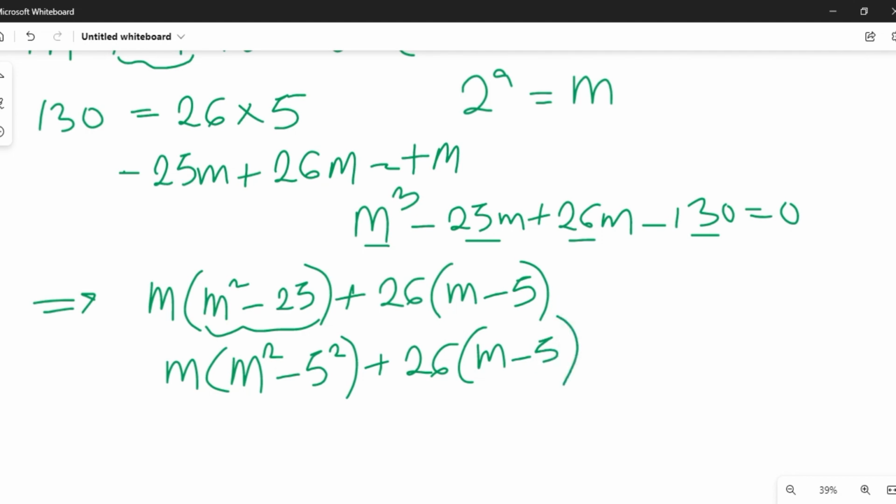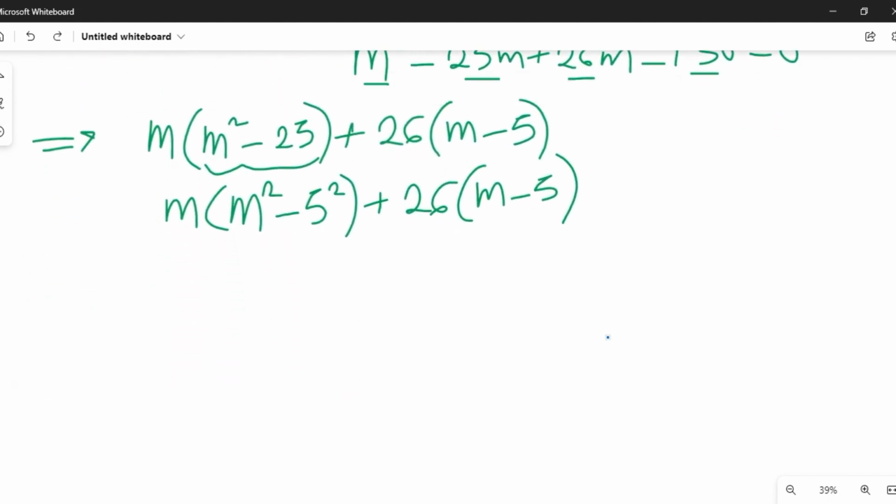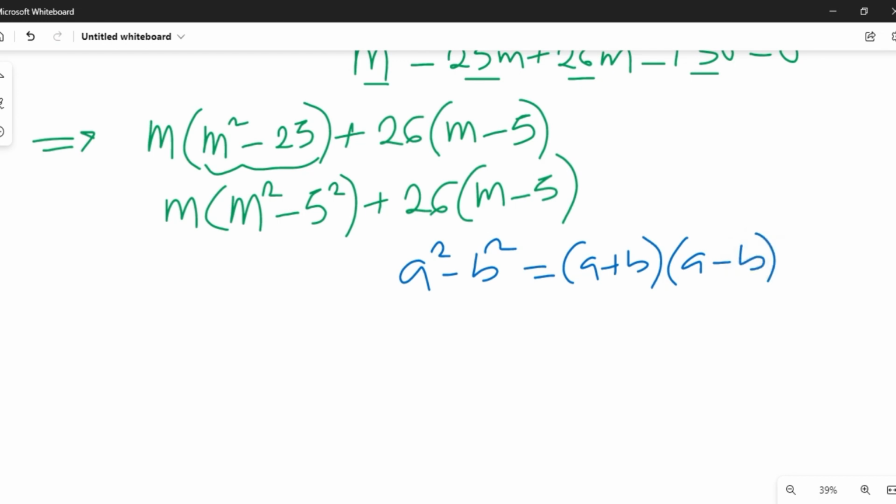So to simplify this further, we should remember one of our algebraic formulas. If we have a squared minus b squared, this same value will give us a plus b multiplied by a minus b. So we are going to apply that in this solution.